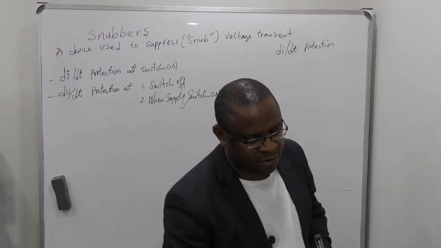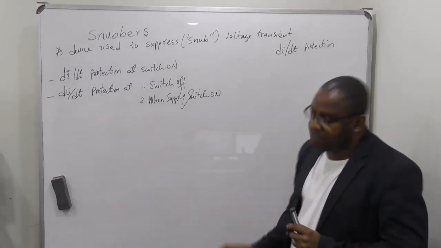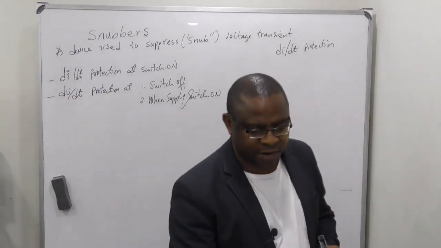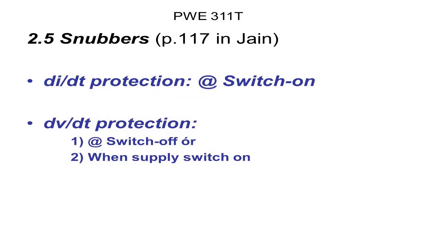So we're going to look at how we can protect our semiconductor devices from this transient, due to the rate of change of current with time (di/dt) as we switch on and off, and also due to the rate of change of voltage with time.